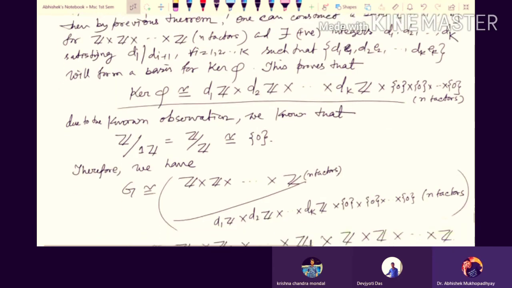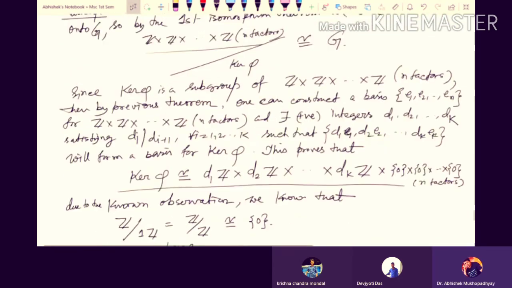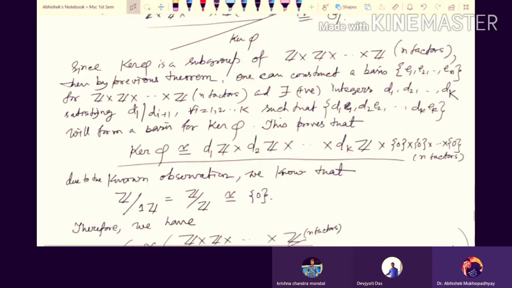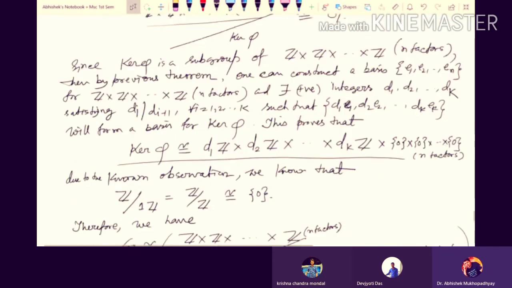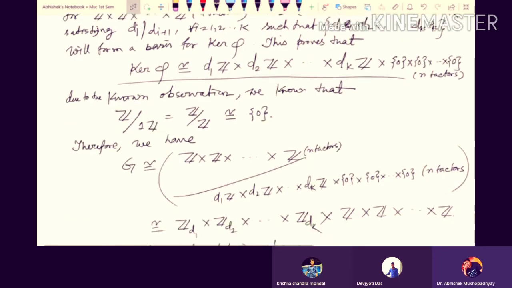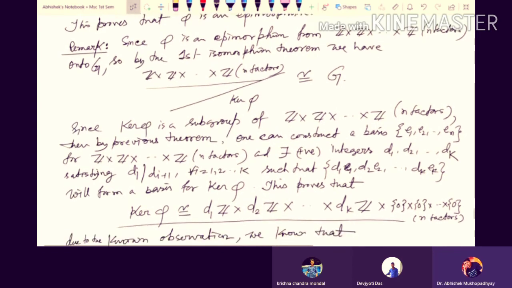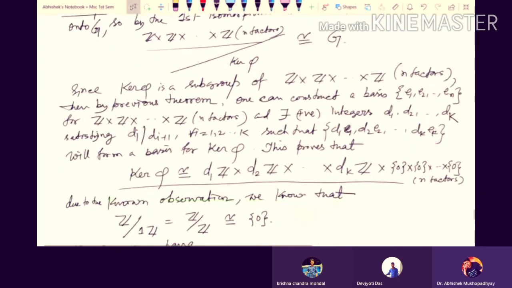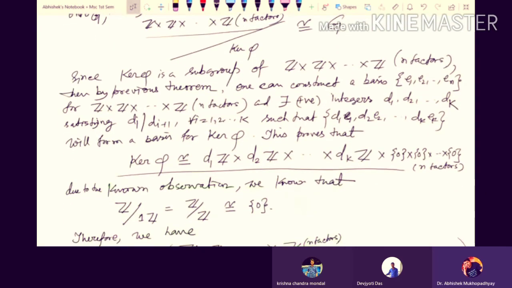Now if the kernel of phi were Z × Z × Z, then the group would become Z × Z × Z by Z × Z × Z, which is a zero abelian group, which is not the case.